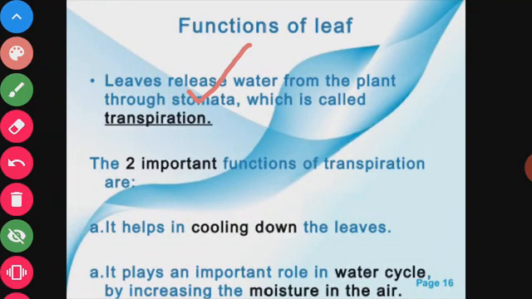Leaves have small openings present on the surface. These pores or openings are called stomata. These stomata can be closed or opened. The excess water is lost through these stomata on the leaves, and they are also used for gaseous exchange.